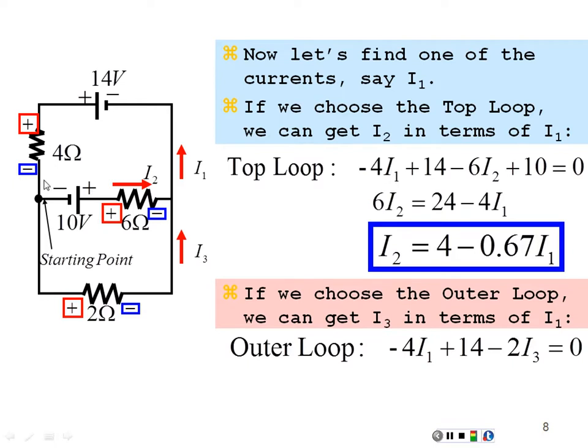All right, good. -4I1 plus 14 minus 2I3 equals 0. That's the outer loop. I didn't want to do the bottom loop. Solve for I3. I have 2I3 is equal to 14 minus 4I1, divided by 2. And I have I3 equals 7 minus 2I1.